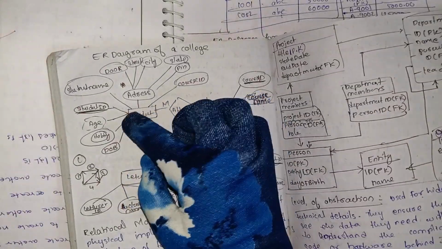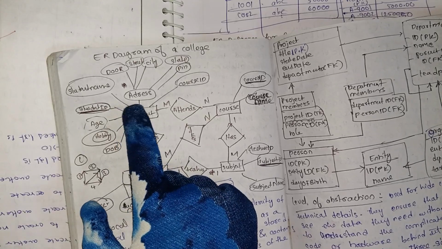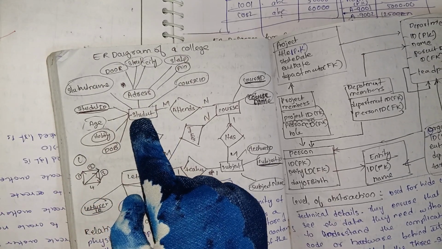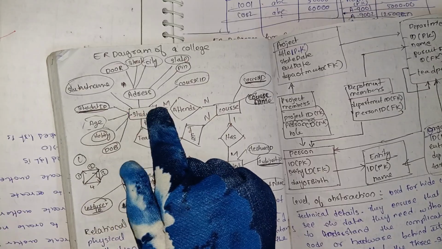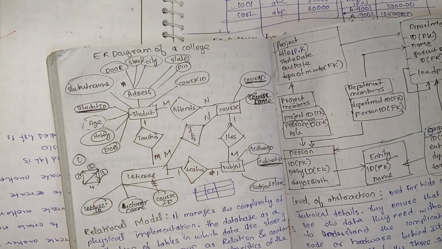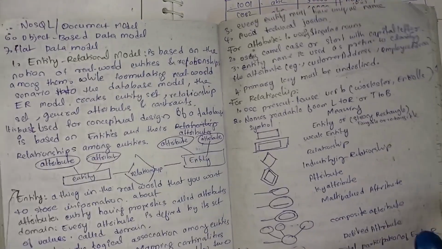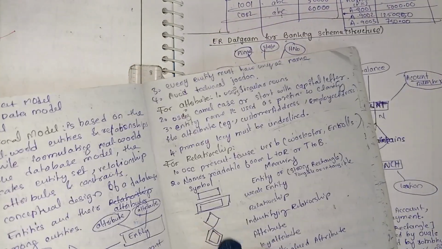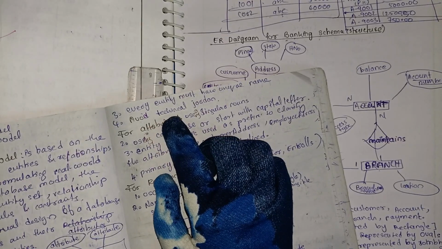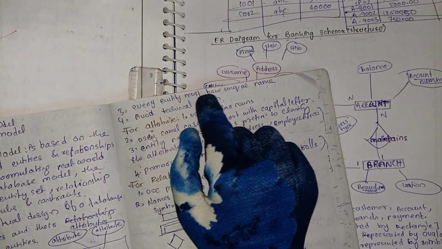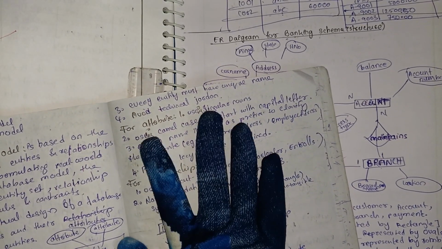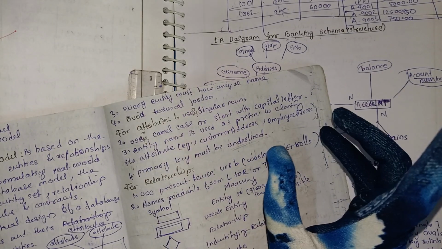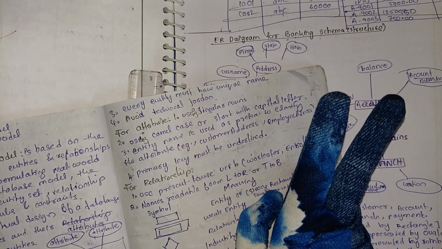An entity is represented by a rectangle, the student entity, and it should start with a capital letter, or we write the whole thing in uppercase. It should be a singular noun, student, not students. And every entity must have a unique name, meaning in a diagram we can't have two duplicate or repeated entities.